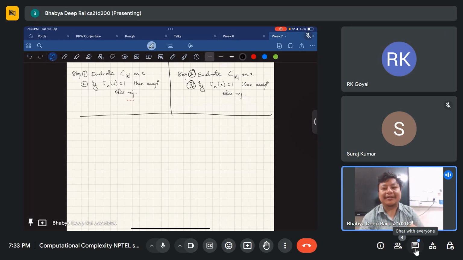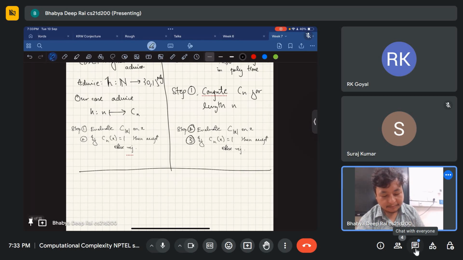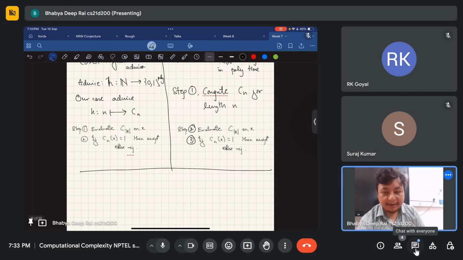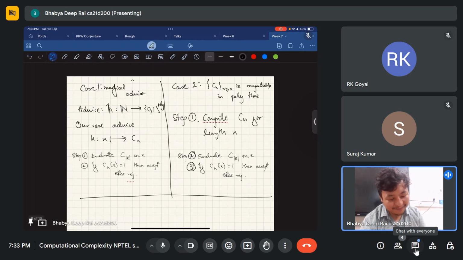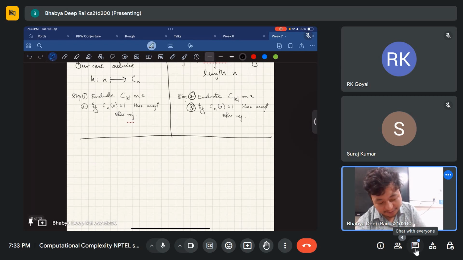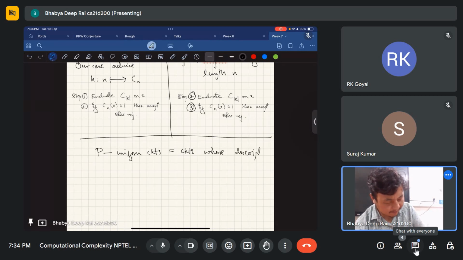Now what we have is something called P uniform circuits, which is circuits whose description can be computed in polynomial time.